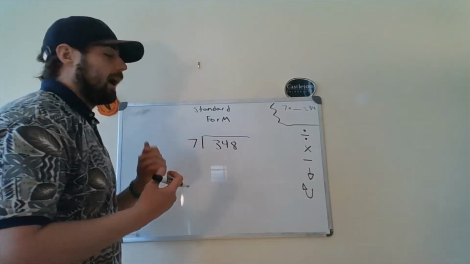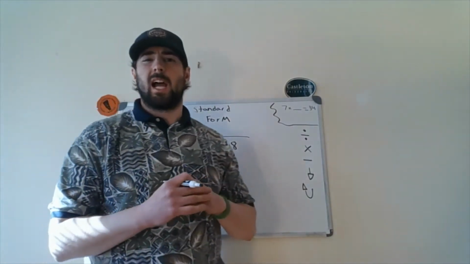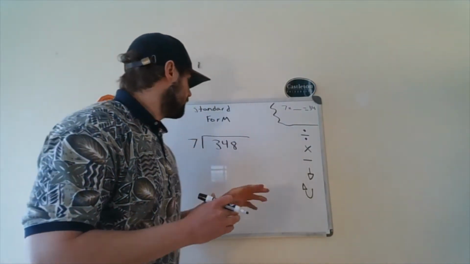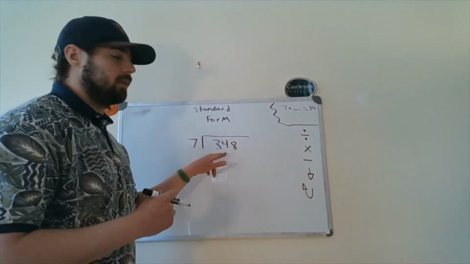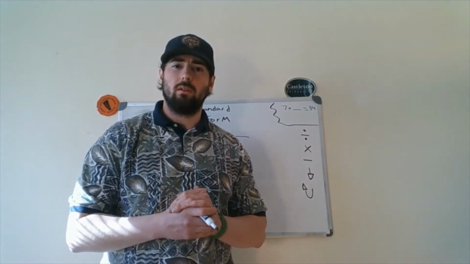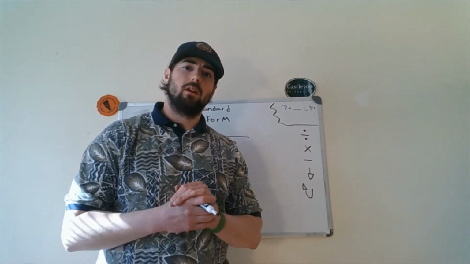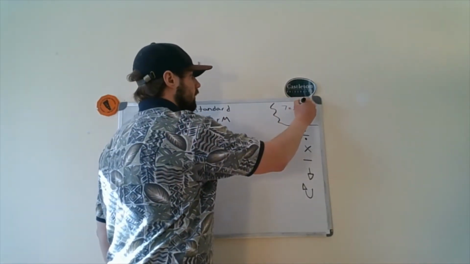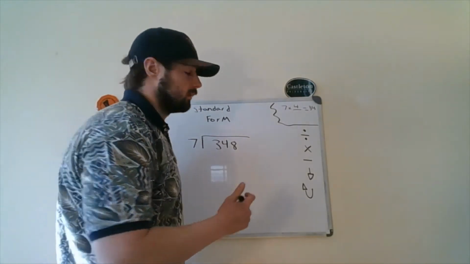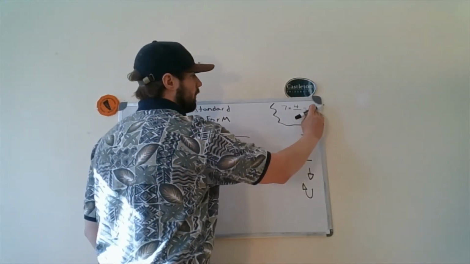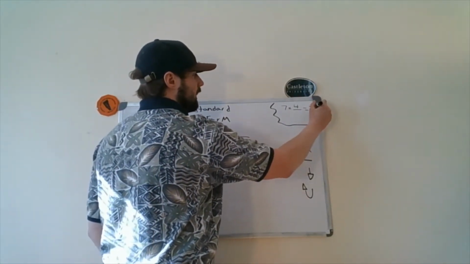Well, I know my 5s pretty well, and I know 7 times 5 is 35, but that is bigger than 34. So, what's the next factor less than 5? 4. 7 times 4 isn't 34, it's 28.